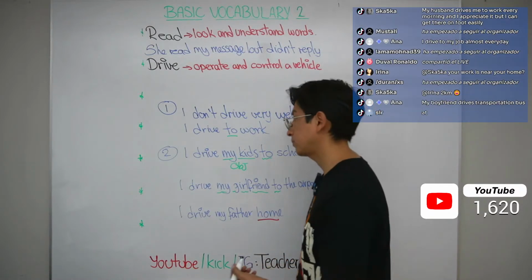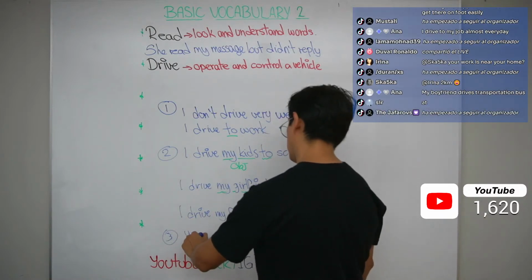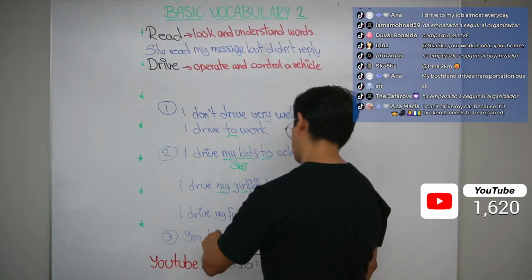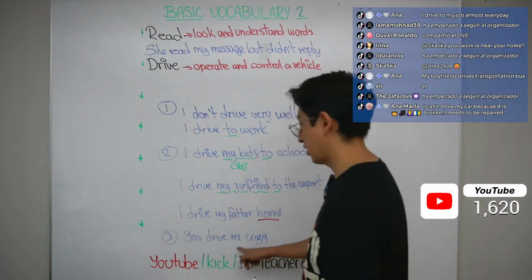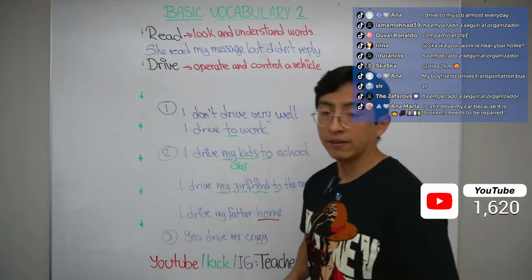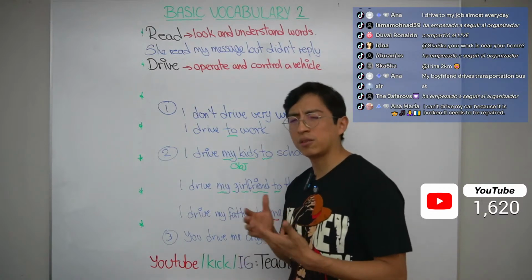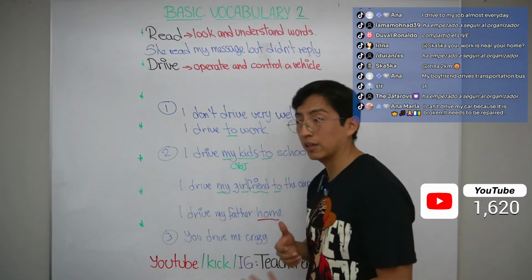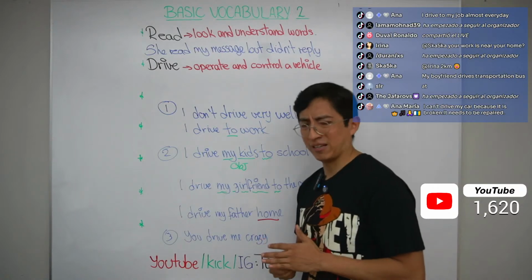And the last one, number 3, sometimes you can say, you drive me crazy. This is a very common collocation. Drive me crazy means to make someone crazy. Maybe you are doing something so annoying that this person is getting crazy.